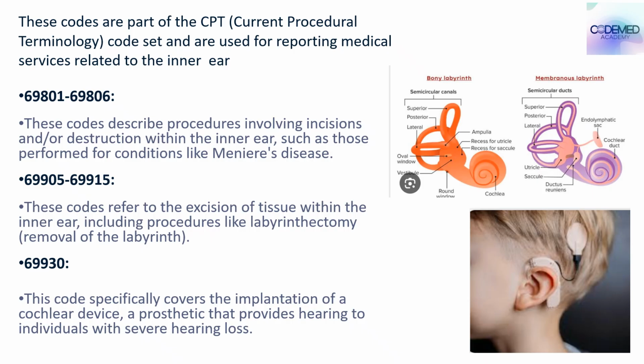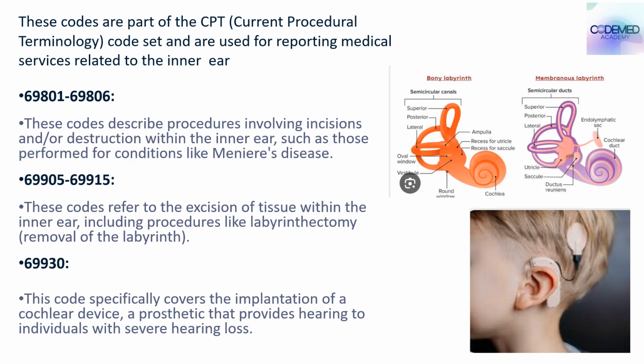In this case, there are codes which involve the incision and dissection within the inner ear, such as performed for a condition like Meniere's disease. Then there are codes which refer to the excision of tissue within the inner ear, which mainly include labyrinthectomy, where we remove the labyrinth.